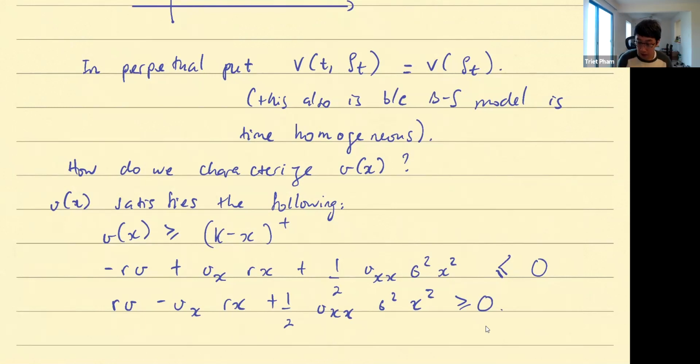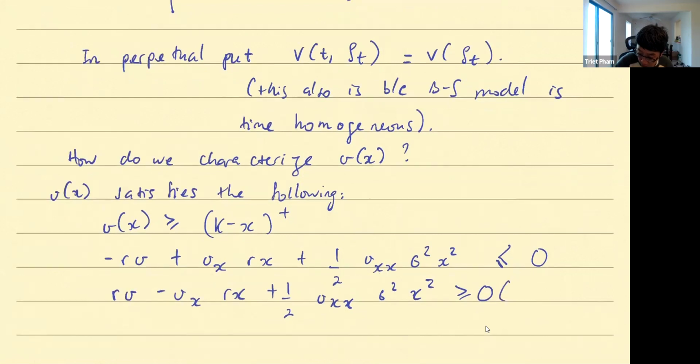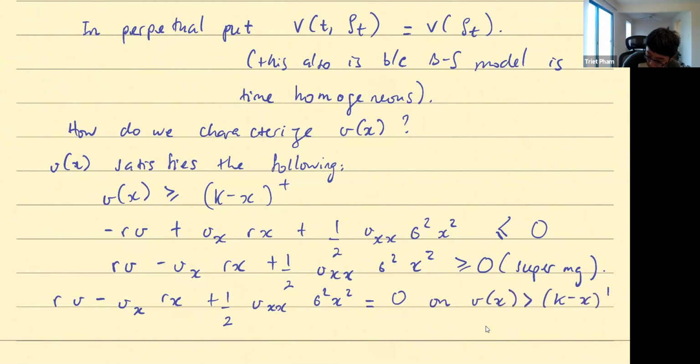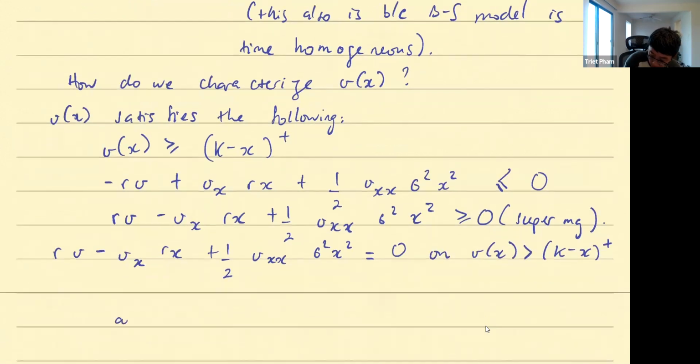Now, that's not it yet. So this is the super martingale categorization, like what Don said, what Sherry said. One more thing: we can say this is going to be equal to 0 on this, and 0.